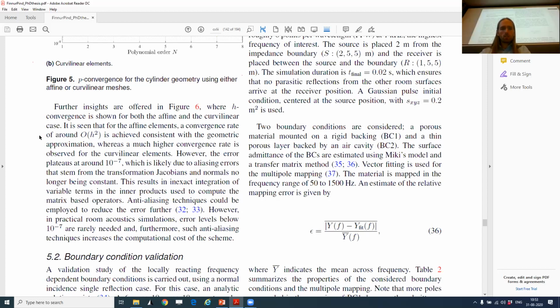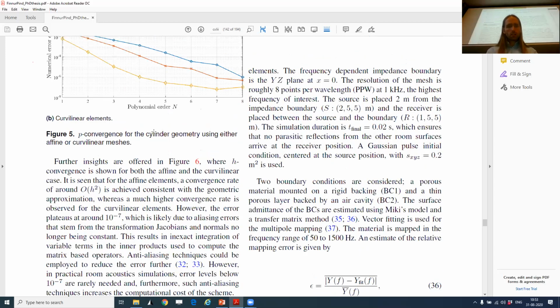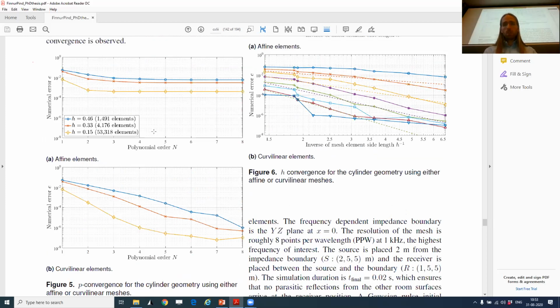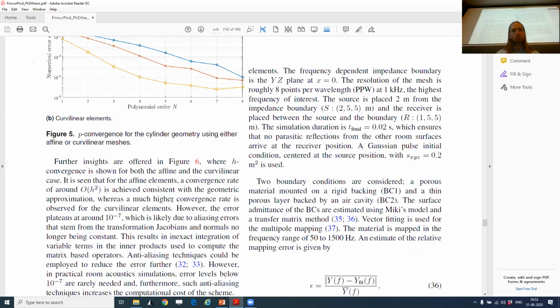So we do not precisely compute those integrals when we have those non-constant Jacobians. But this was, to be perfectly honest, a bit of a mystery to us, and still is. It could be interesting to investigate this further: why we can't go below 10 to the power of -7.